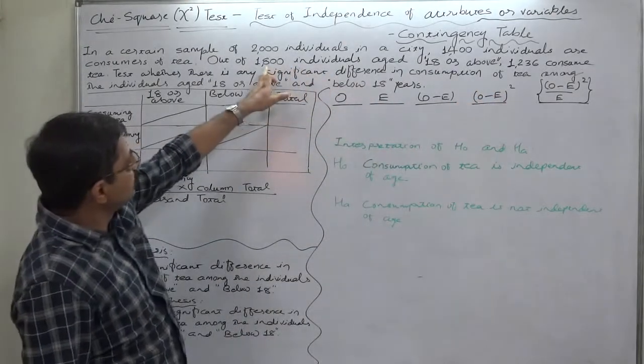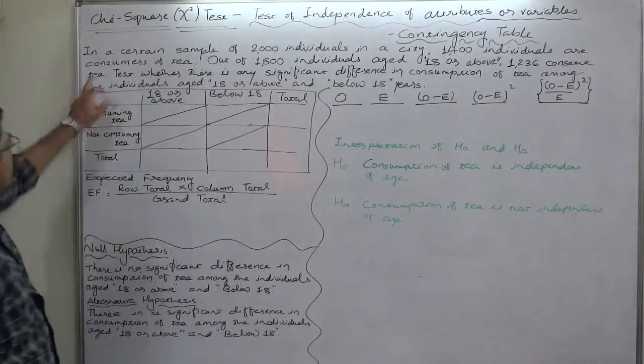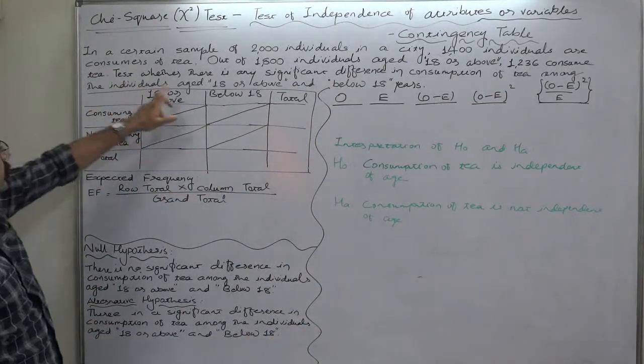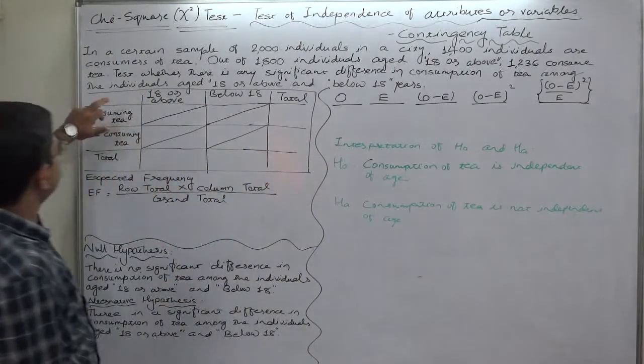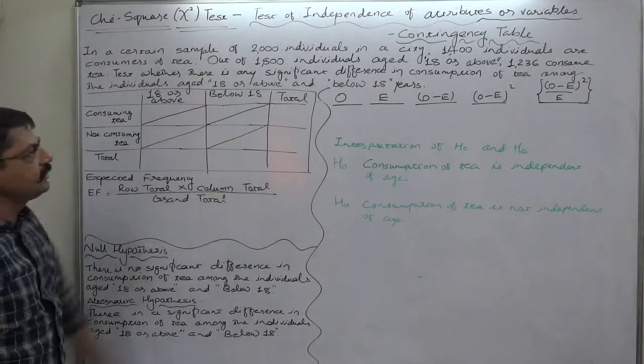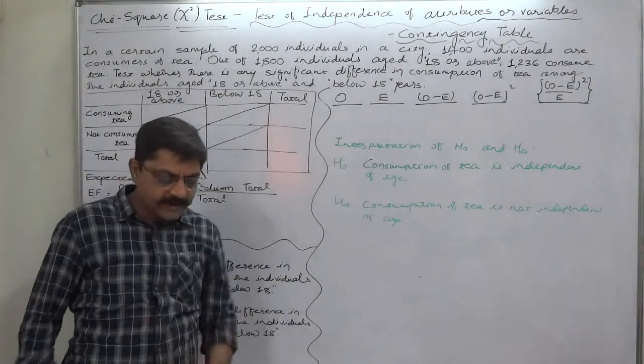Out of these 1800, 1236 consume tea. Test whether there is any significant difference in consumption of tea among the individuals aged 18 or above and below 18 years. Yes, this is the main thing.